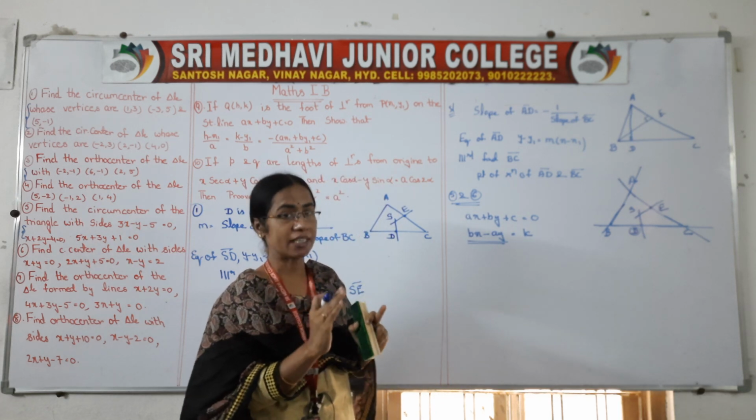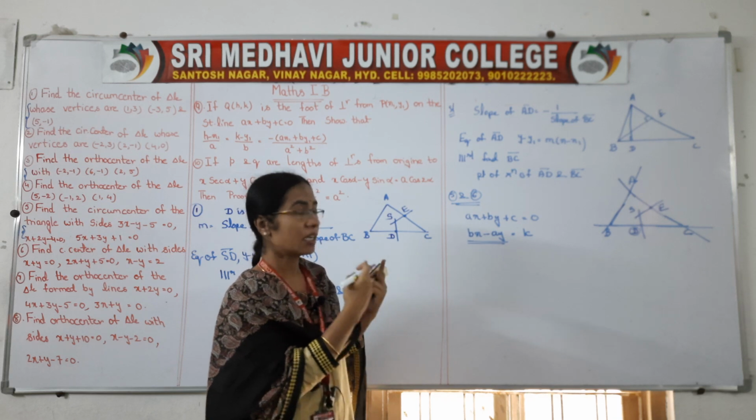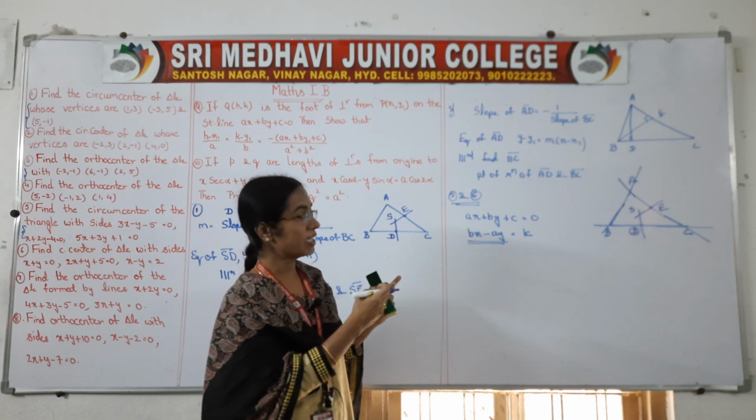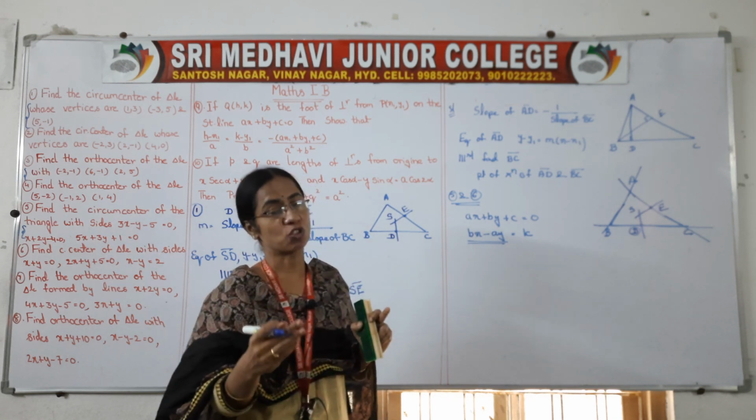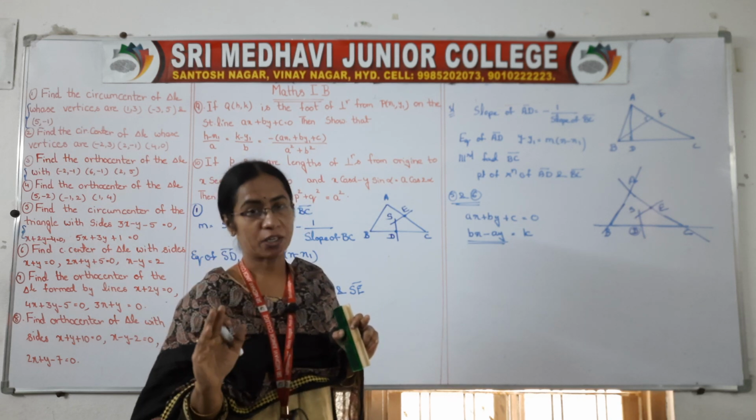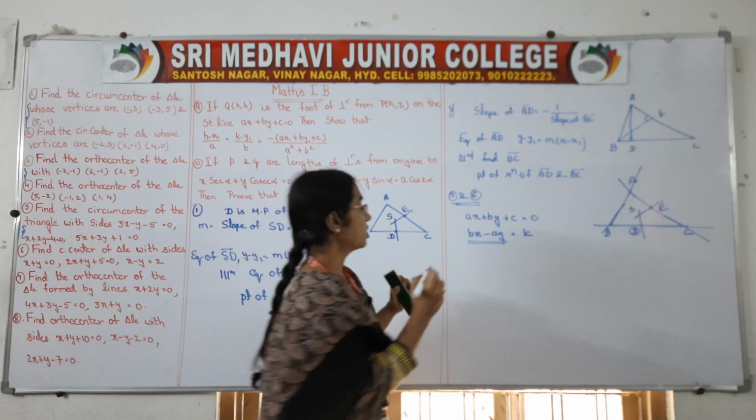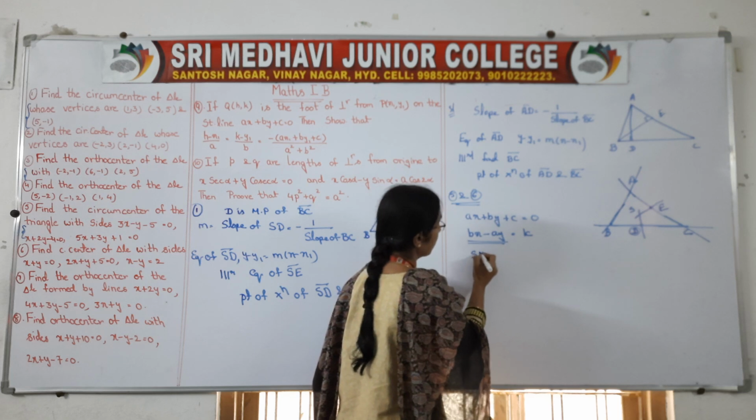We have to find the D value. We have the B point and C point, so we can easily find D: x1 plus x2 by 2, comma, y1 plus y2 by 2. Substitute, and you will get your SD line equation.